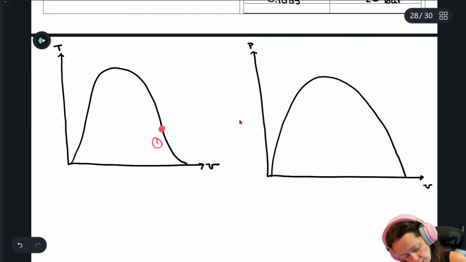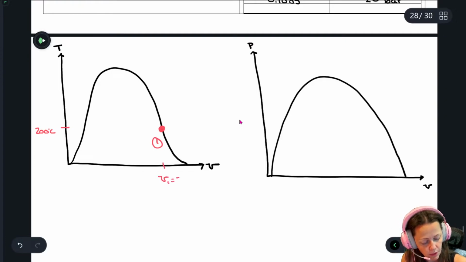So here's state 1. State 1 was 200. And my specific volume is the same at state 1 as it is at state 2, 0.1274 meters cubed per kilogram.